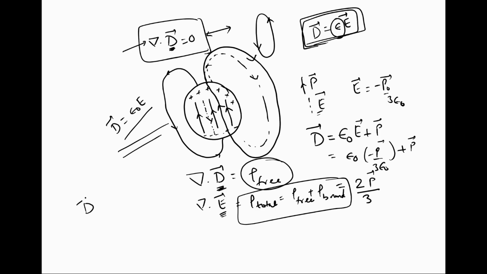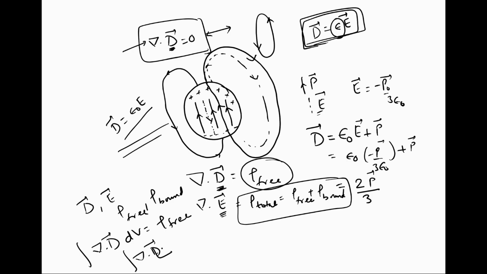D as well as E are both influenced by rho free as well as rho bound. However, their flux is what gives us rho free for the flux density, and rho total for the electric field intensity. The flux is given by this divergence, but their own values depend on both the free charges and the bound charges.